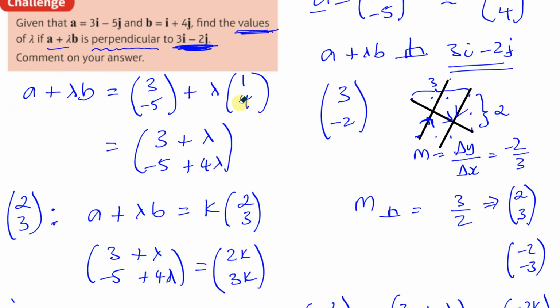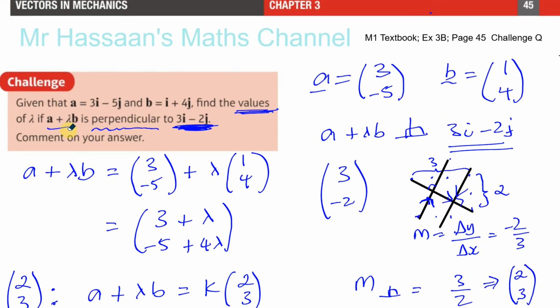They're intending that one of the vectors is going in one direction, which is perpendicular to that vector, and the other one is also perpendicular to that vector, but it's going in the opposite direction. Those two vectors will be parallel to a vector which is perpendicular to this vector. So basically what we did was, normally we're used to seeing a question that says a plus lambda b is parallel to such and such a vector.